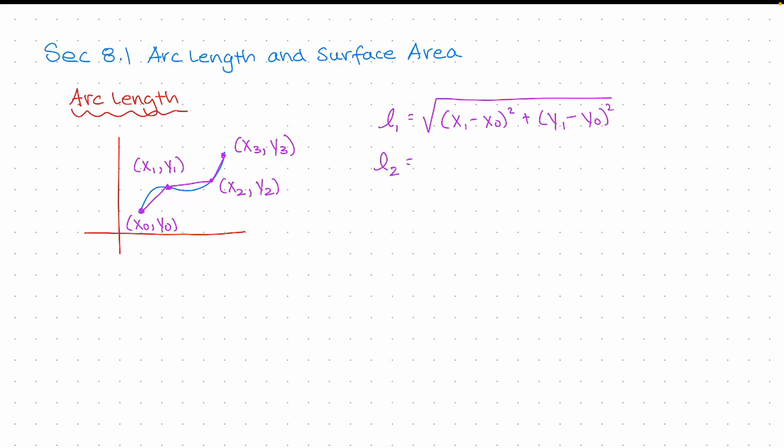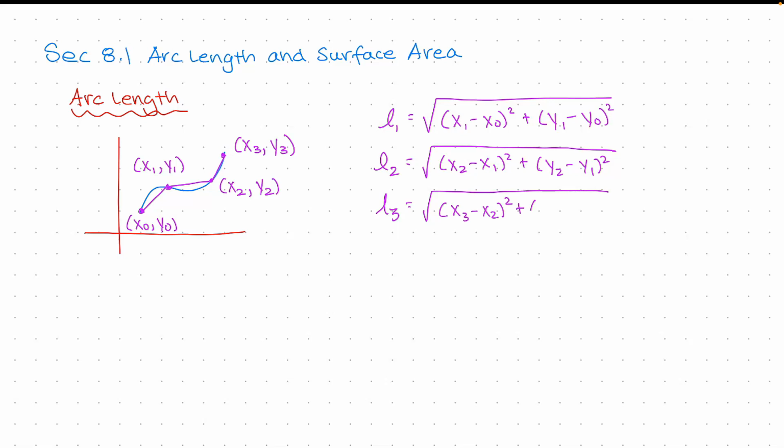So L2 is the square root of x2 minus x1 squared plus y2 minus y1 squared. And then L3 is the square root of x3 minus x2 squared plus y3 minus y2 squared.